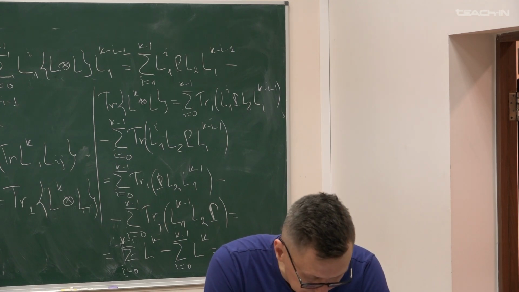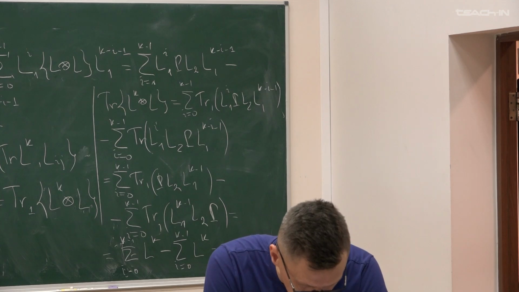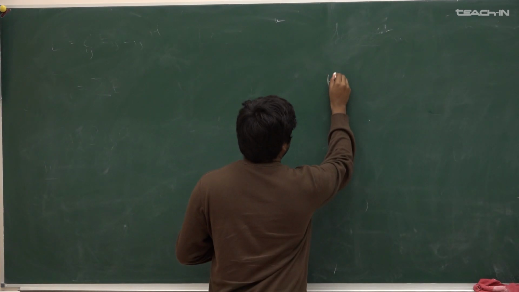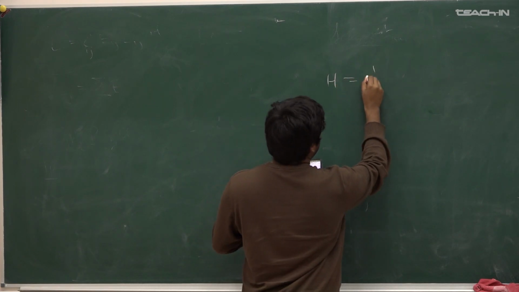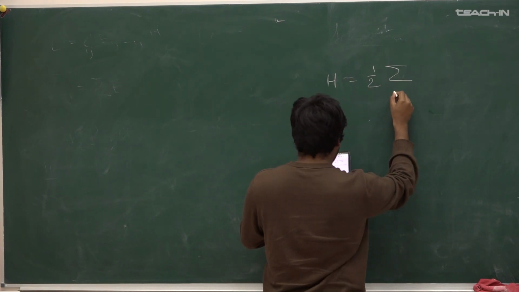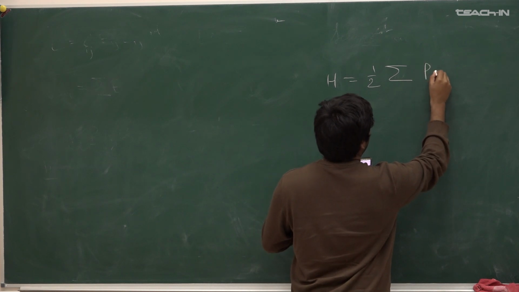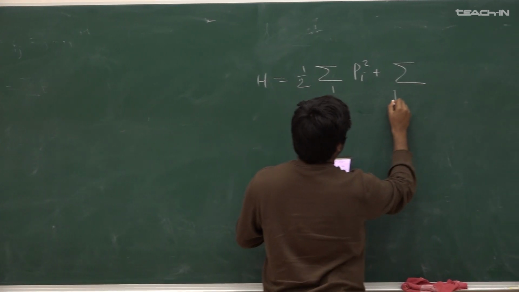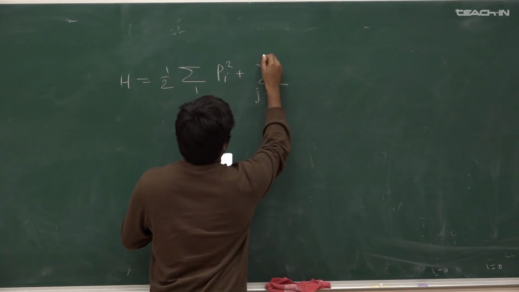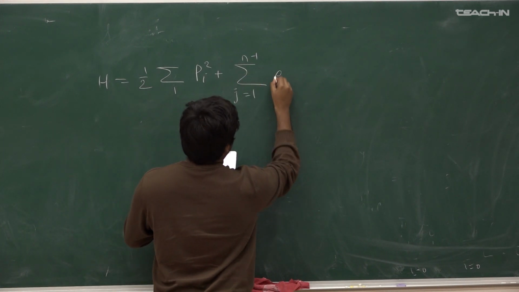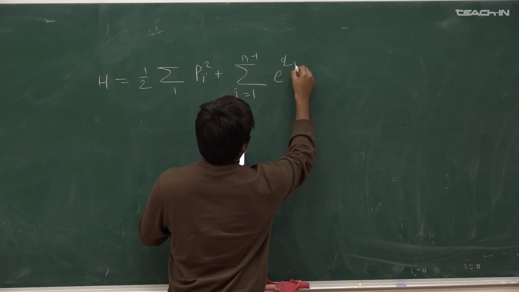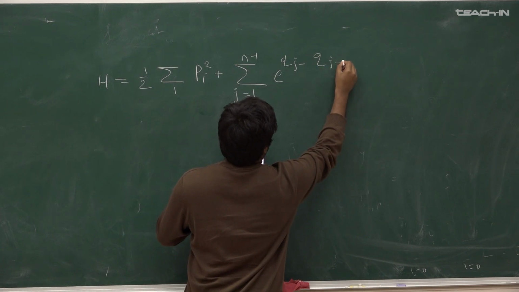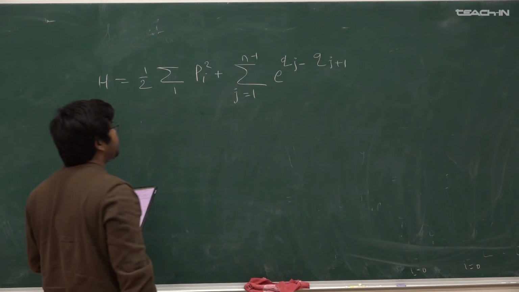So let us write the equations of motion in terms of Flaschka coordinates. So we had the following Hamiltonian. Q minus QG plus something like that. Yep.